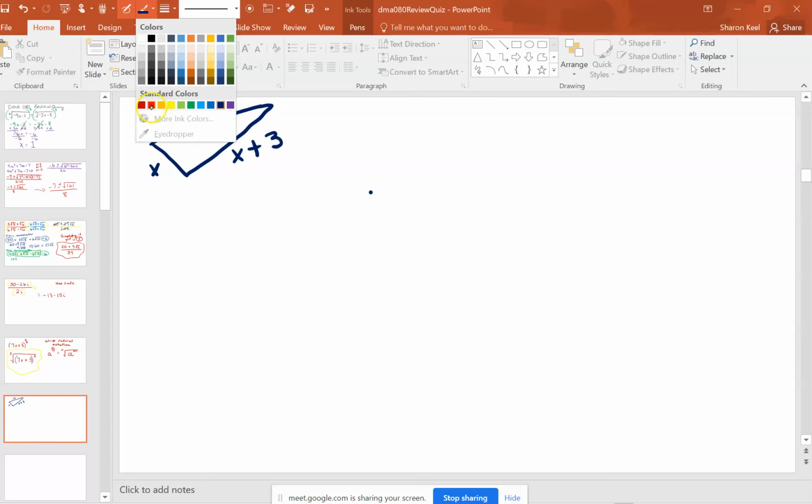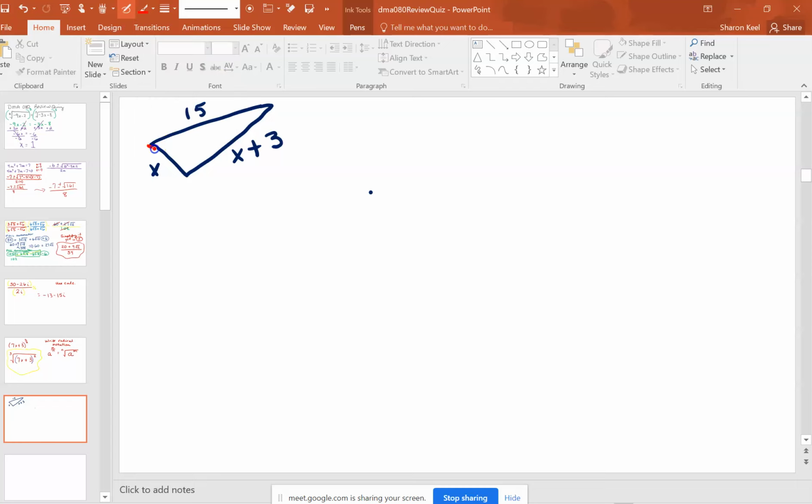They're saying the children should walk along the sidewalk. The red is the sidewalk. So they should walk around the sidewalk. So that would be x plus 3. That's the part of where they should walk.